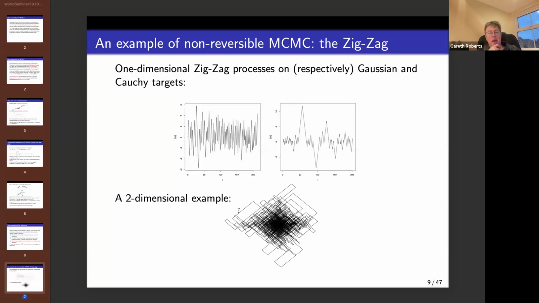And you can see that these algorithms have momentum at different times, which pushes you in different directions. So in principle, you are getting this property of being able to break down the random walk behavior. But the question is, can you actually do that in a way that's scalable to more complicated problems and higher dimensions?